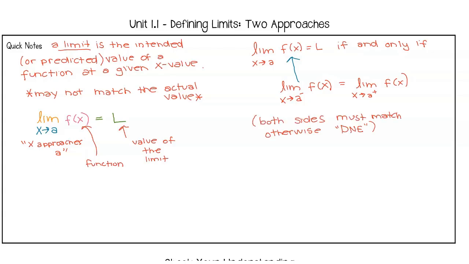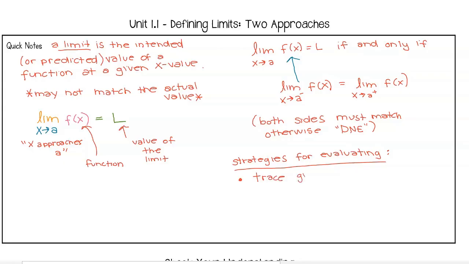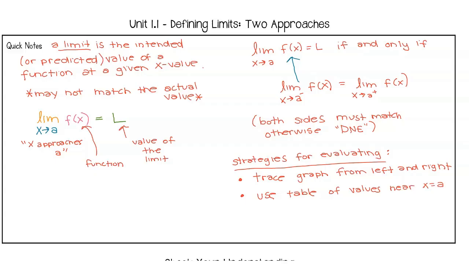Now, we need to have some strategies for evaluating these limits. First, we saw graphically that we can trace the graphs from the left and then also from the right. We also saw in the previous video that we had a table, so we can use a table of values near x equals a.